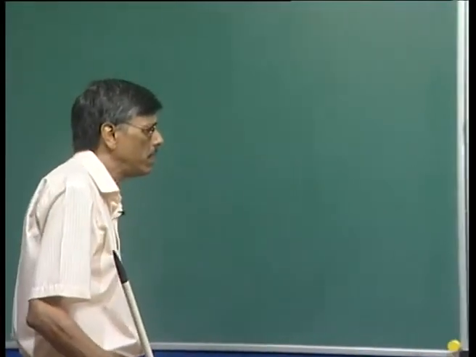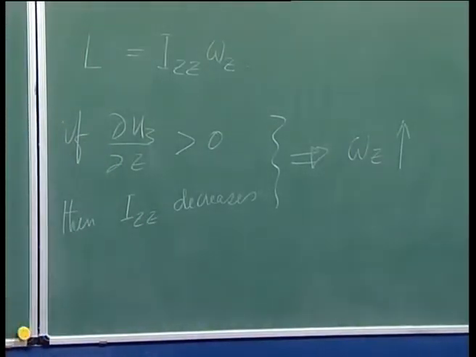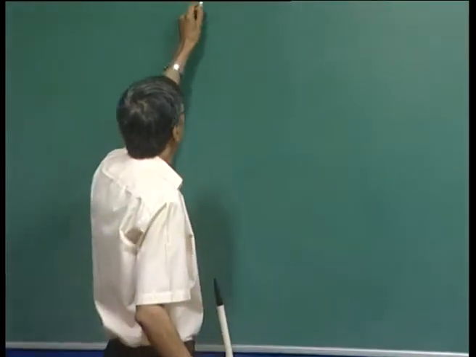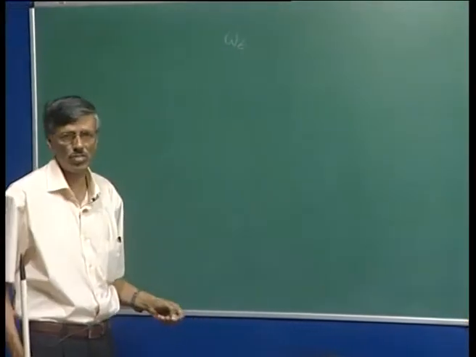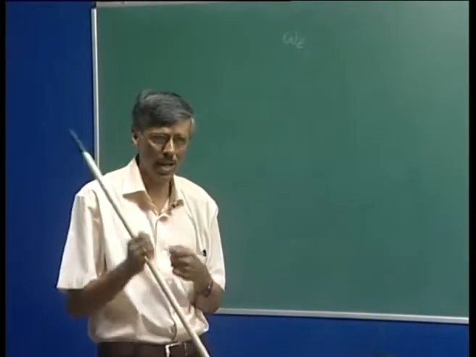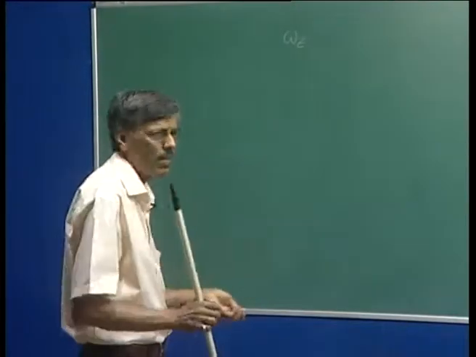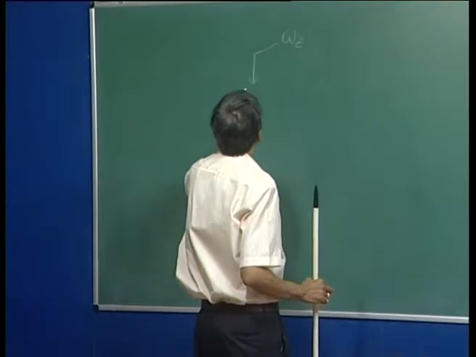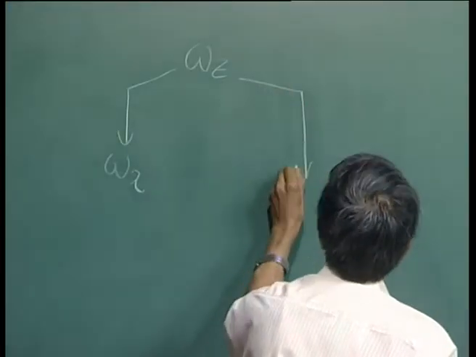That we can show in terms of a tree diagram: if I have omega z here, and because of this stretching term omega z is increasing, then that will affect omega x and omega y. So, we get a corresponding variation in omega x and omega y.